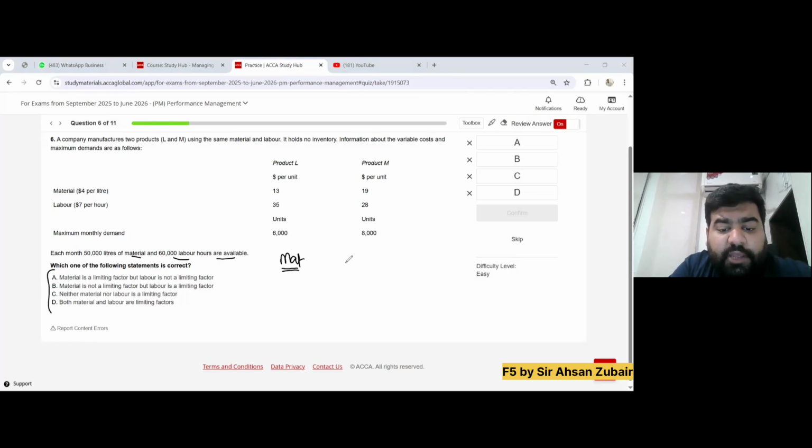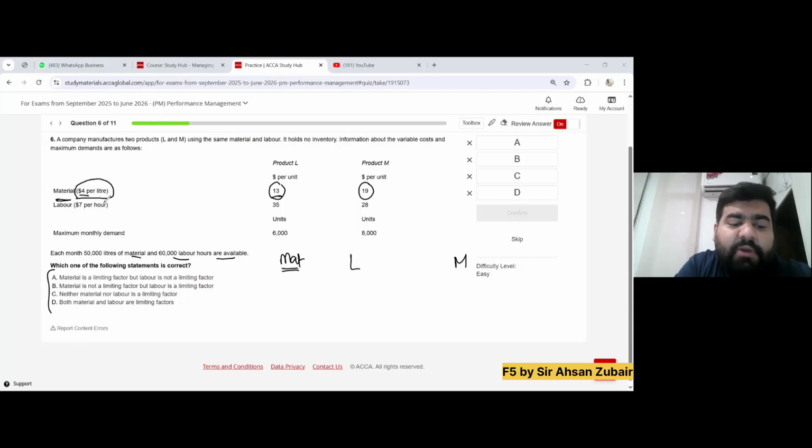So if you see there are two products L and M, and if you first see according to material, 13 per unit material using on L, 19 per unit using on M, and the rate per liter is also given. You can calculate the number of liters required on L and M. So 13 is the total amount and 1 liter costs you 4.